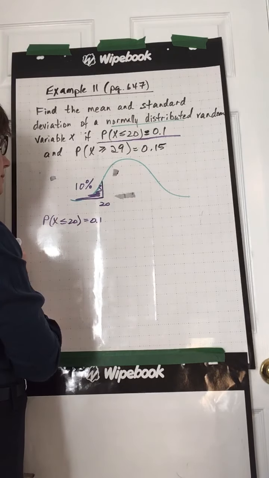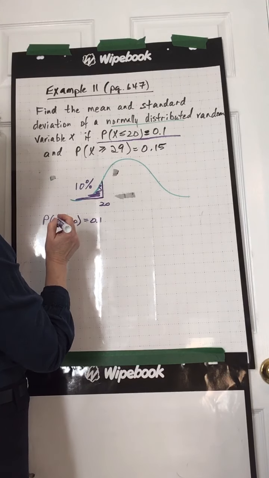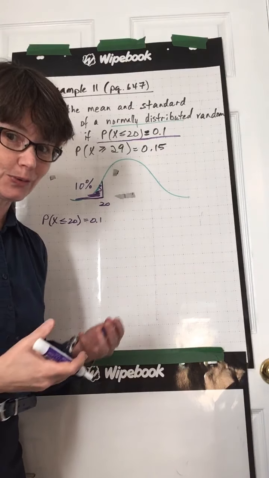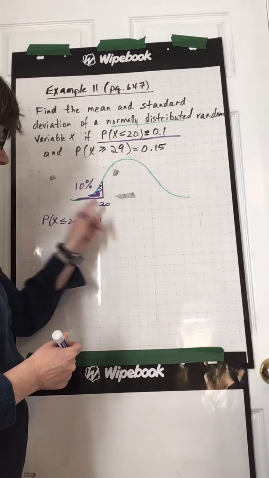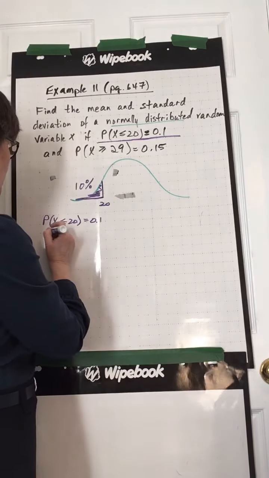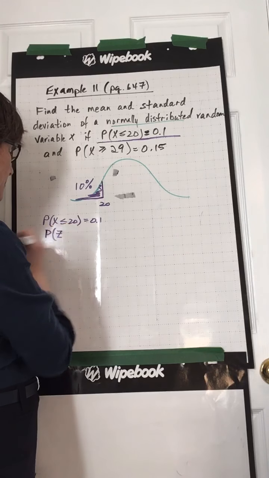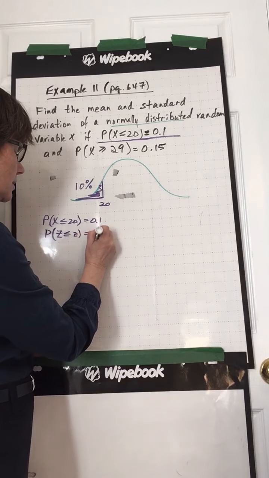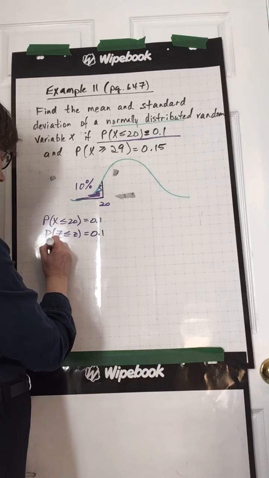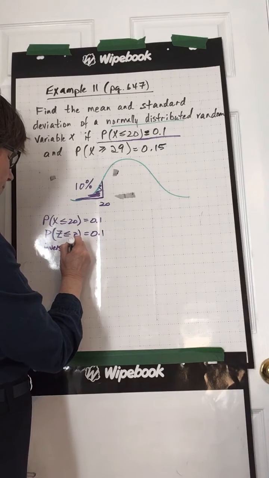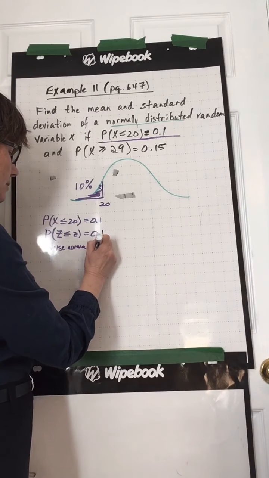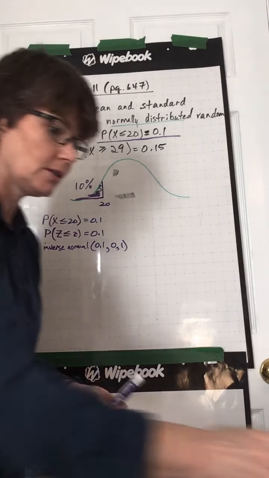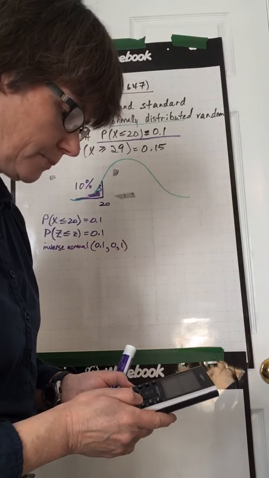We need to find the z-score that is in that exact same position. So we'll say z less than or equal to some little z is 0.1, and we will do inverse normal 0.1 with 0 and 1 because it's the z distribution, so we'll find that number.